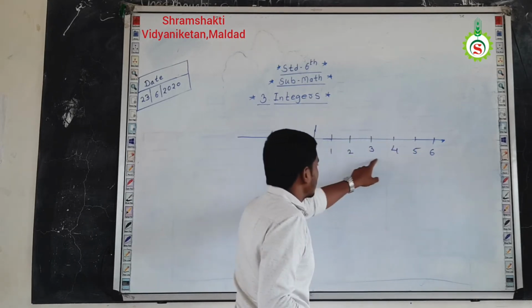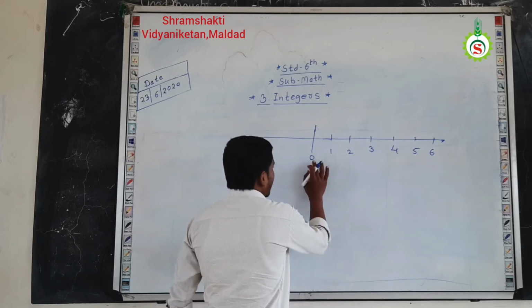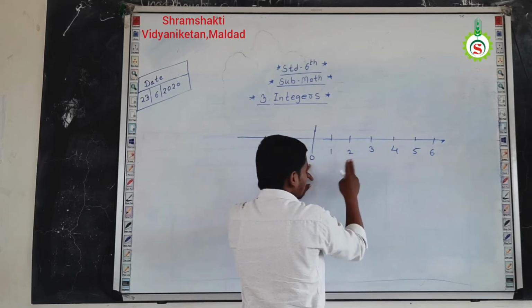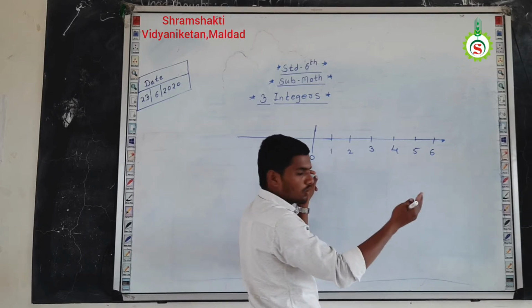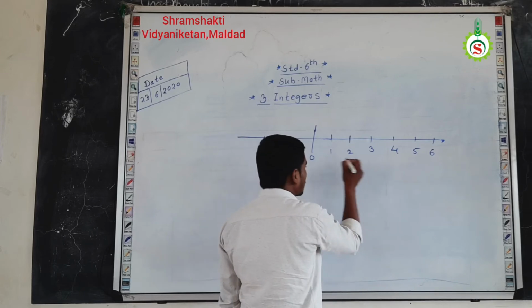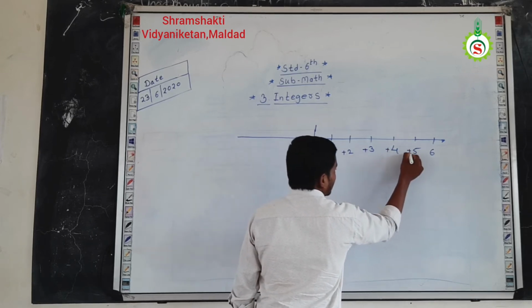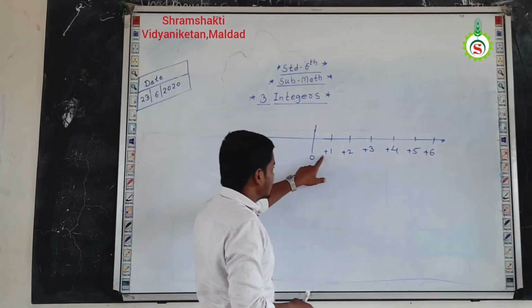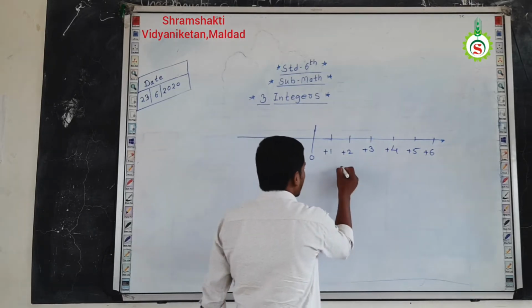That means 1, 2, 3, 4, 5, 6, 7 and so on. These numbers are on the right hand of the 0, that means above the 0. And if the numbers are above the 0, those numbers have a plus sign. If a number has a plus sign, those numbers are called positive numbers.